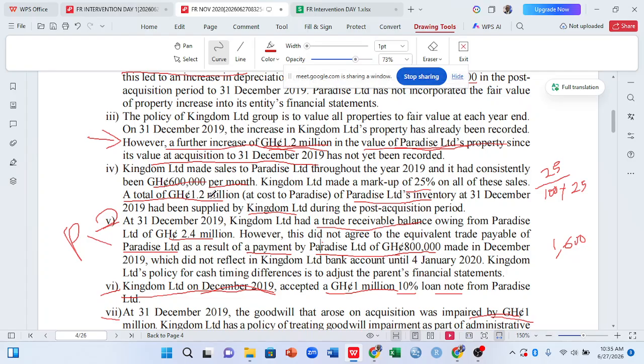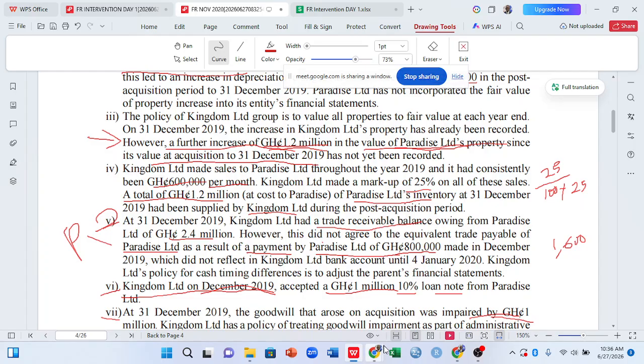And they give us this figure to help us calculate the provision for unrealized profit. This is not goods in transit. If it's goods in transit, the question will let you know that the payables supplied certain things to us, and we are yet to receive it. It will give you that information so that you can get to know that that is goods in transit. But it is not.